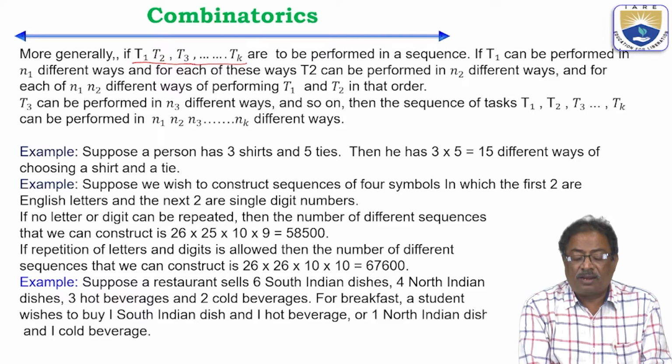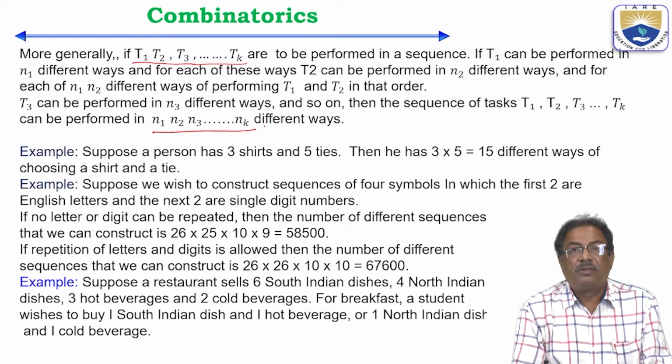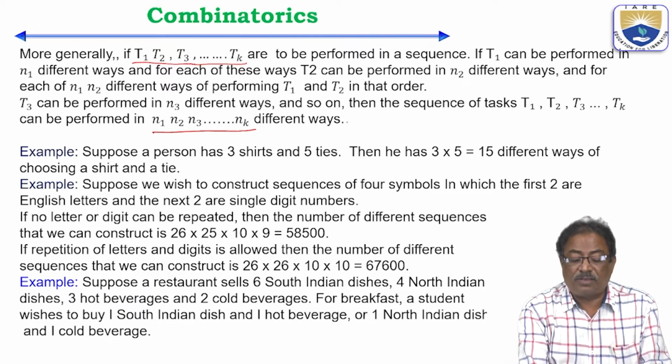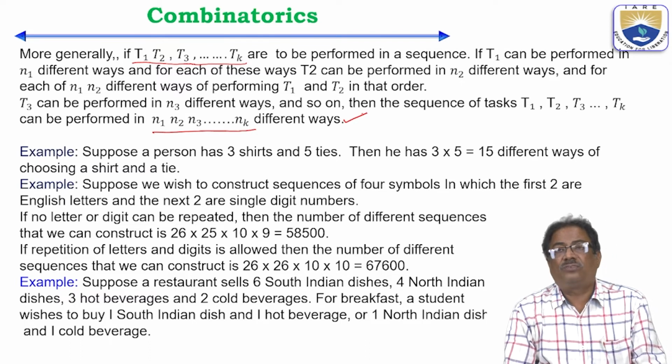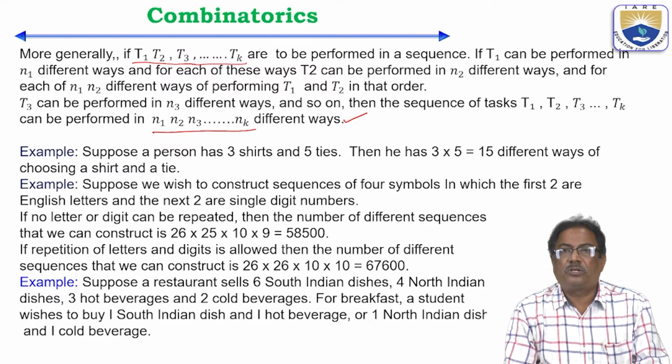Then, performed one after the other, how many ways can it be done? N1 into N2 into and so on into Nk different ways. So the sum rule is any one of the tasks is performed; the product rule is one after the other.